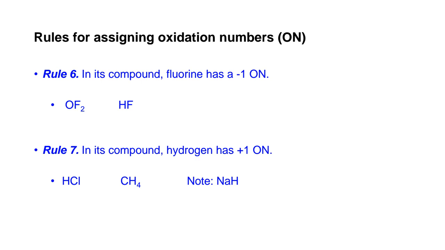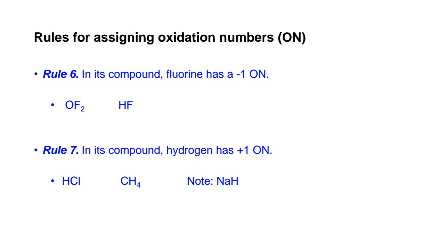In particular, fluorine is the strongest among the halogen elements, such as fluorine, chlorine, bromine, iodine, in gaining electrons from other elements.